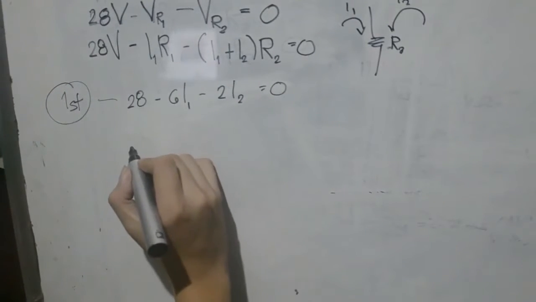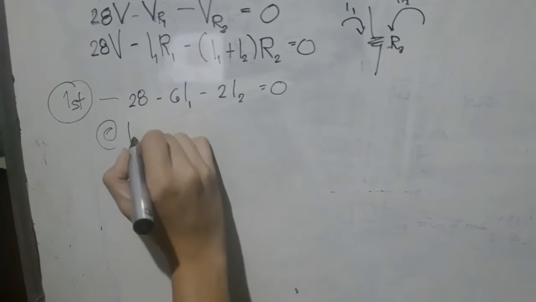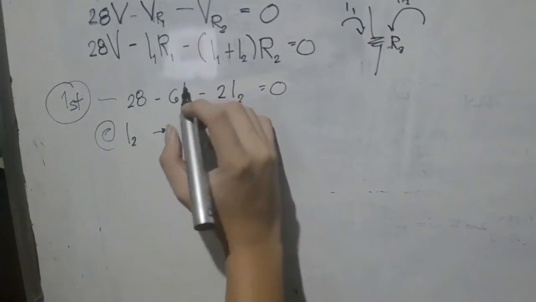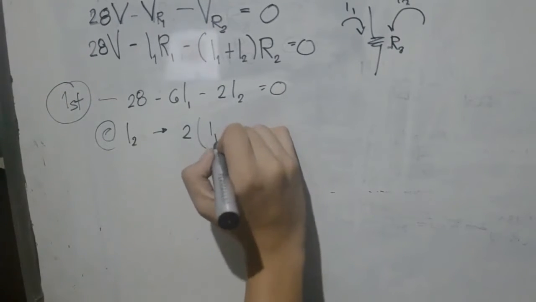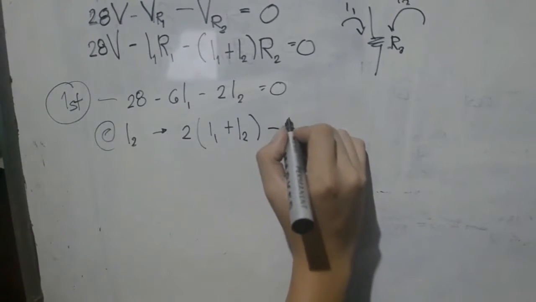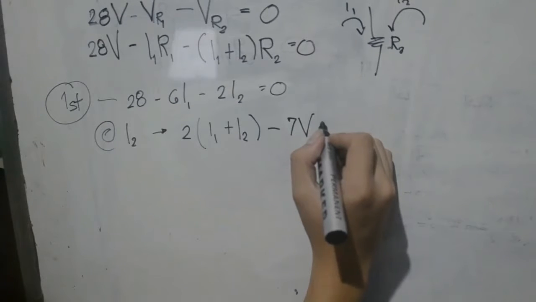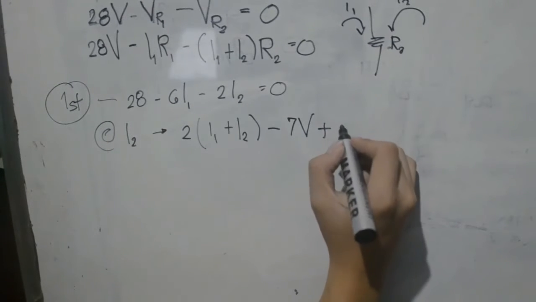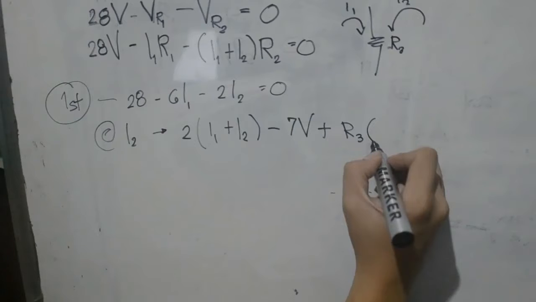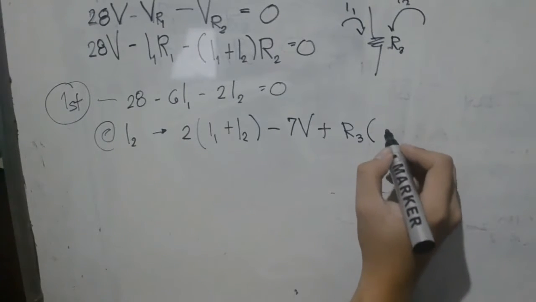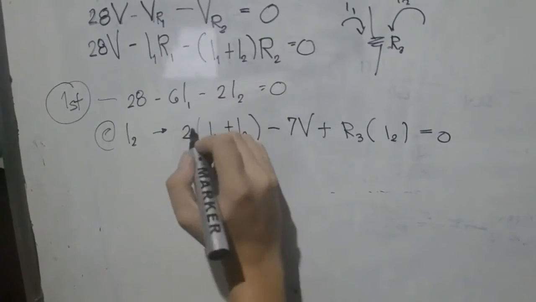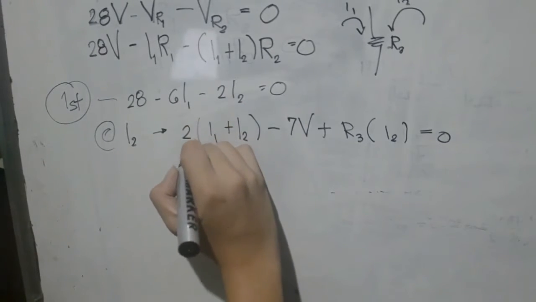The second equation would be two times the quantity of I1 and I2 minus 7 volts plus R3 times I2 equals 0.